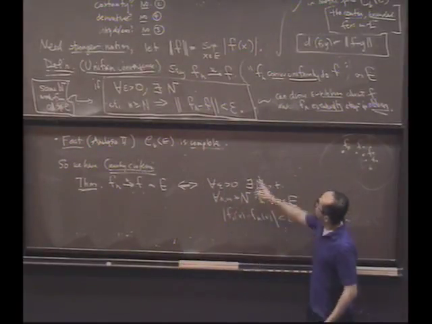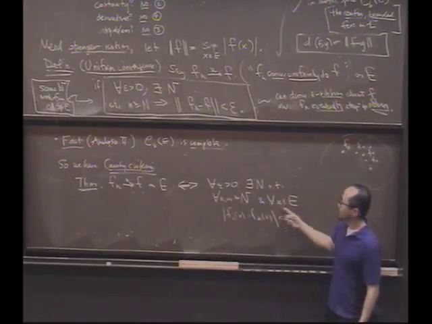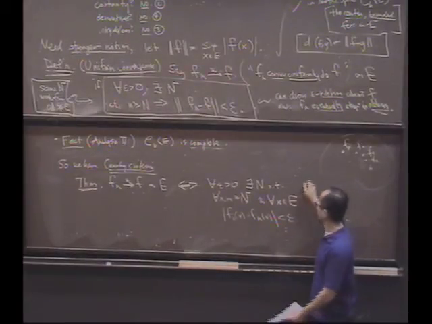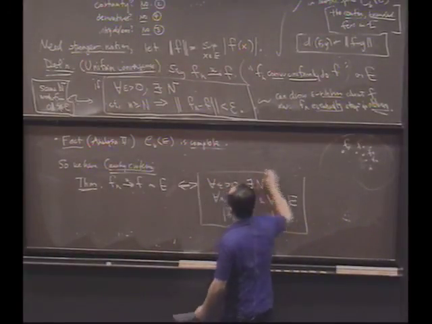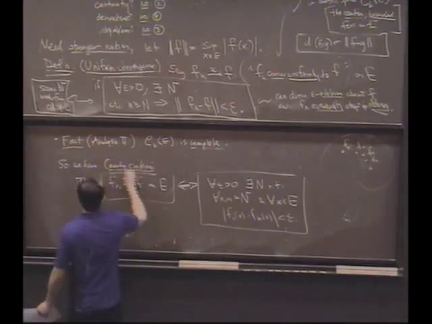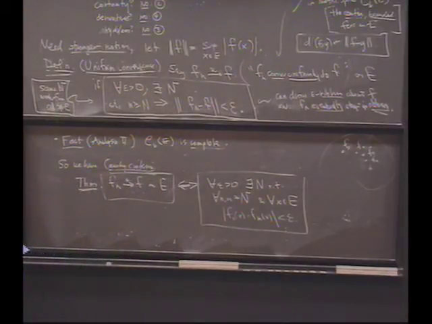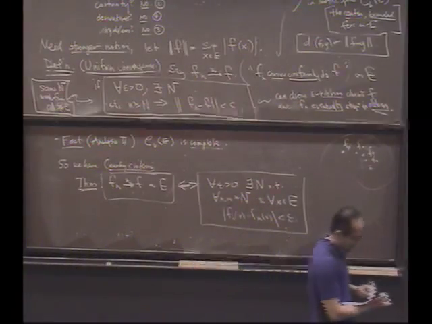Notice I've just replaced the double norm signs by saying this is true for all x in E. It's the same thing. This is a Cauchy criterion for uniform convergence. Oh, nice. Very nice.